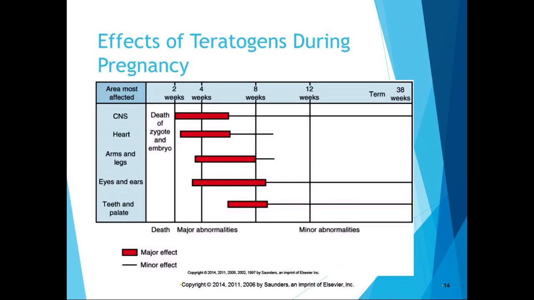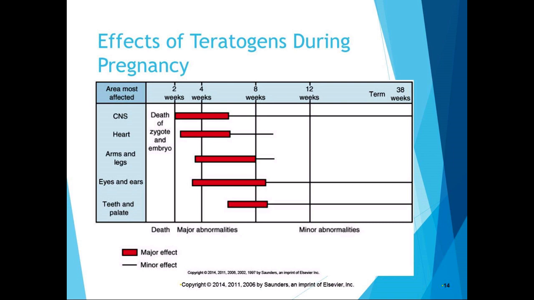So this is the effects of teratogens during pregnancy on different areas of the developing fetus. A lot of times, the earlier the exposure is in the pregnancy, if it's before 10 to 12 weeks, the more effect there's going to be. Usually exposure within the first 2 weeks results in a spontaneous miscarriage and death of the zygote and embryo.